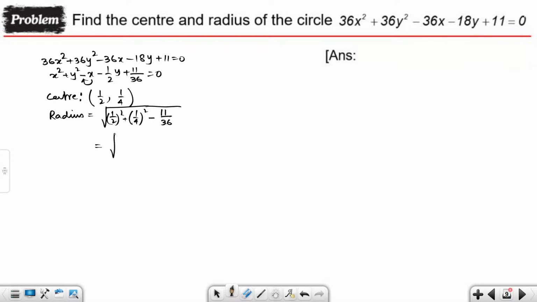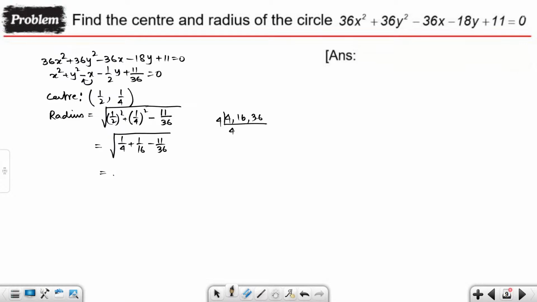So we are getting under root... Let me do one thing, let me take the LCM of this. From here we are getting 4, 16 and 36. Let me take the LCM of that.